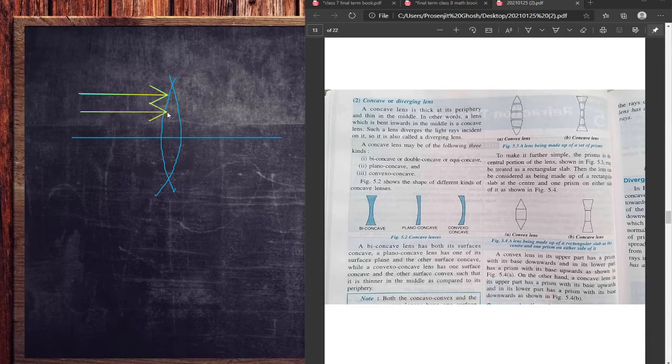The parallel rays come along the x-axis, parallel to the optical axis, and they meet at the focus after getting converged by this lens. So as we can see, by converging all these rays we get a focus point, and that is why the biconvex lens is a converging lens.